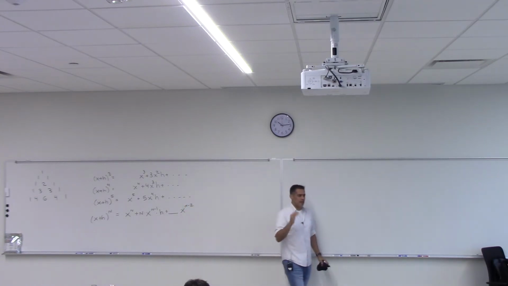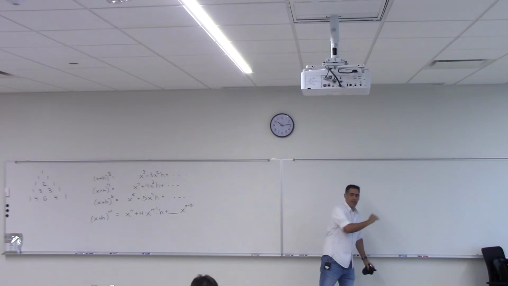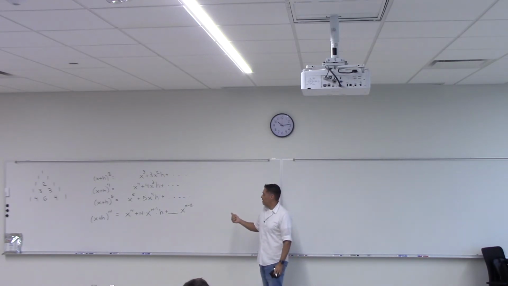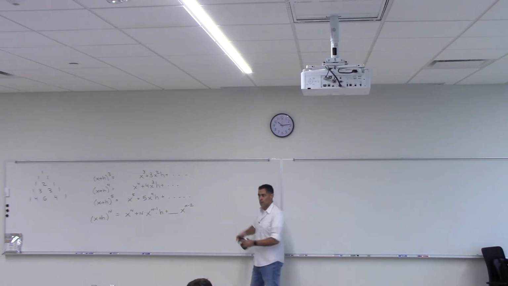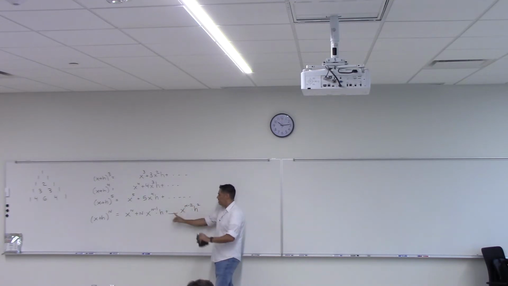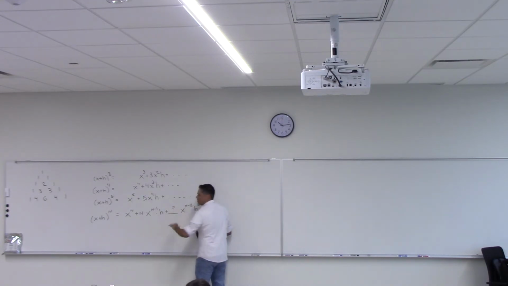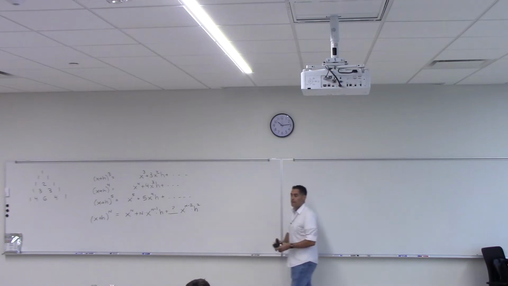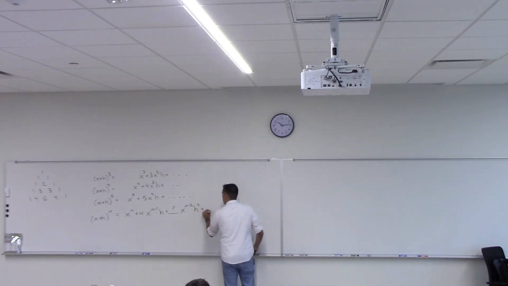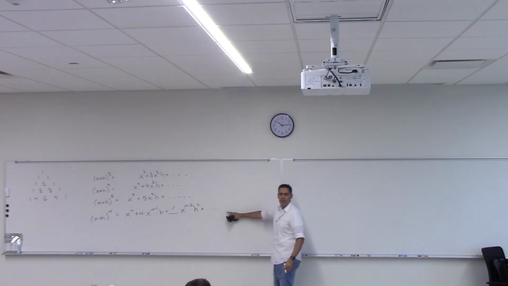Any questions on that? The power's coming down by 1 each time. And then what about h? How many h's should I have here? 2 factors, right? So h squared. Again, I'm kind of conceding to this. I don't know what this number is, and I don't care. It's not going to matter to us, okay? And then I keep going, and it's going to be a bunch of stuff in here. Let's not even worry about it.